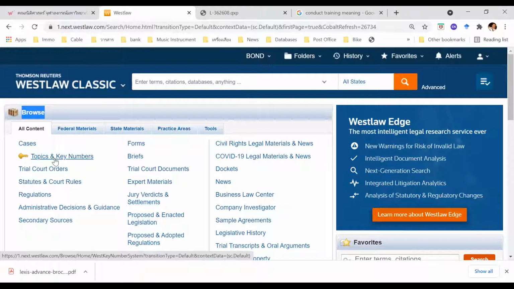So it means I just start thinking about doing research about abortion. So abortion is too broad. So I have to start with the definition.